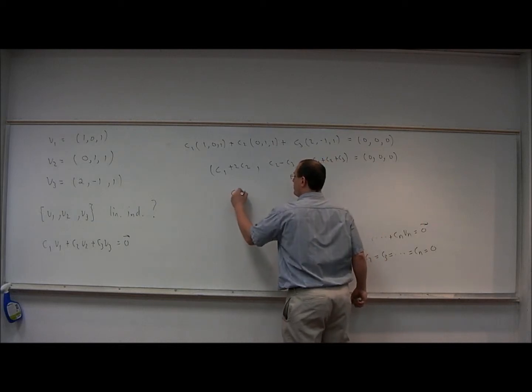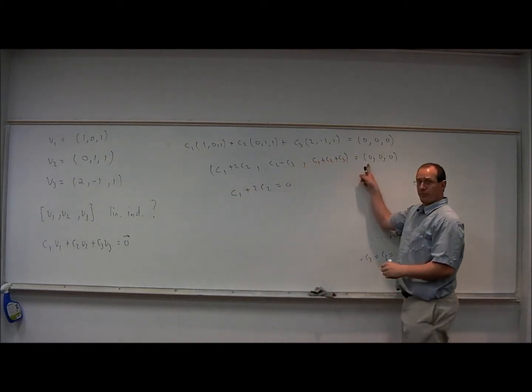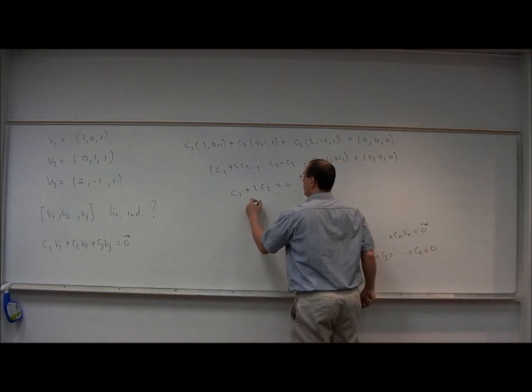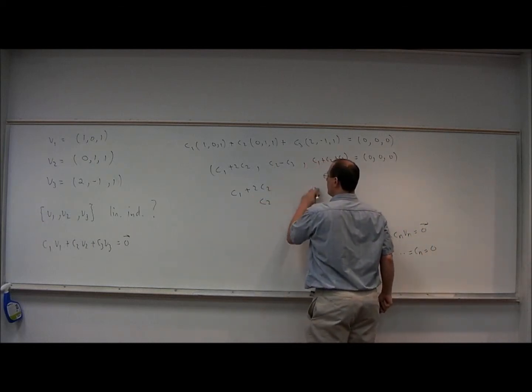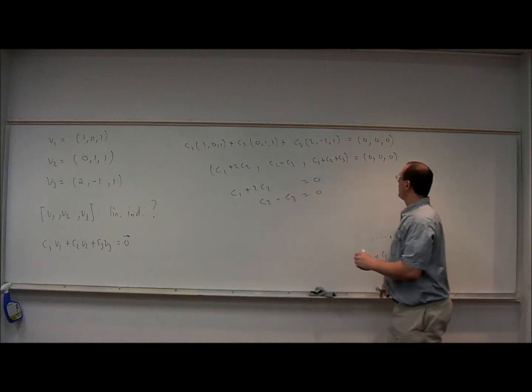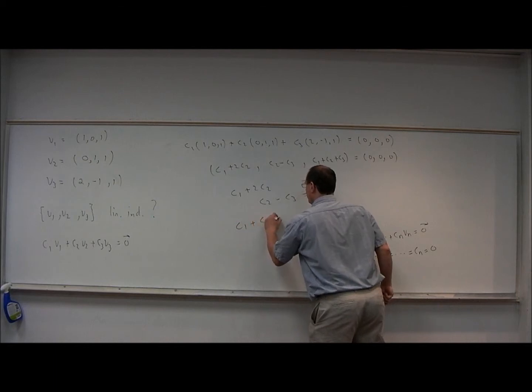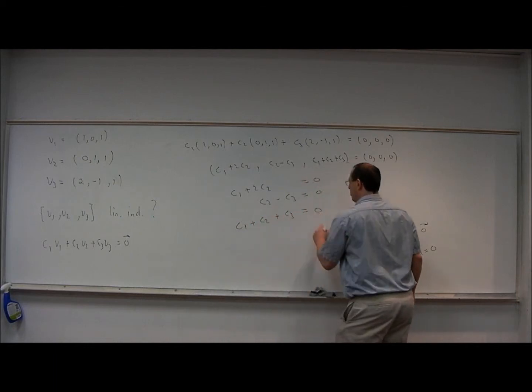The first equation is c1 plus 2c2 equals 0, from looking at the first components. The second equation is c2 minus c3 equals 0. And the third equation is c1 plus c2 plus c3 equals 0.